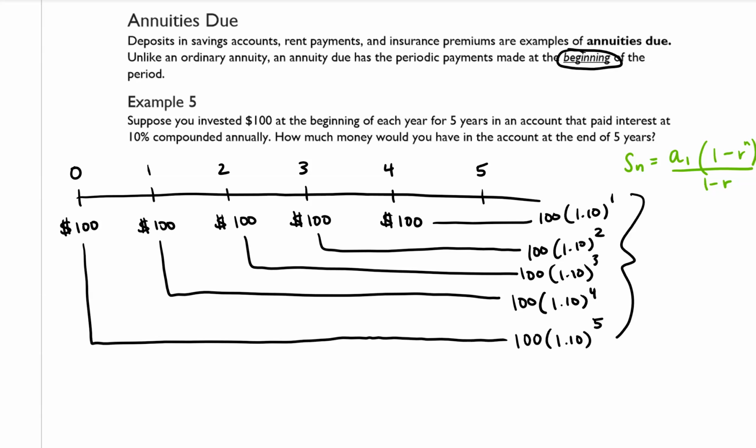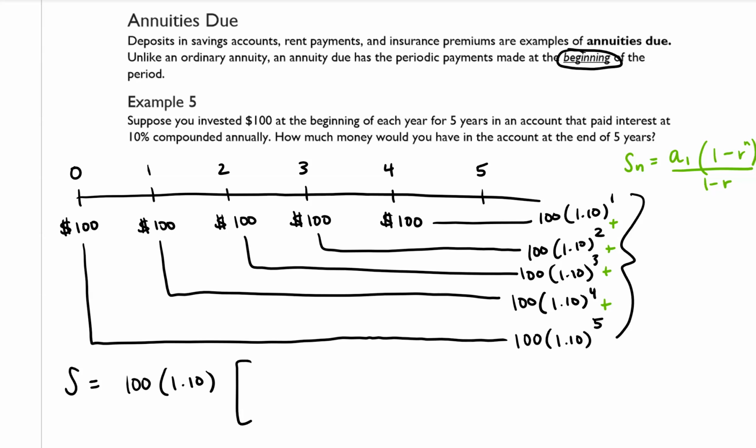So I'm just going to put a plus sign between all of these. So we're adding up those 5 terms. So in this case, our future value, or the sum of those, would be the first term, which is 100 times 1.10. And then the rest of it would look very similar to what we were dealing with before.